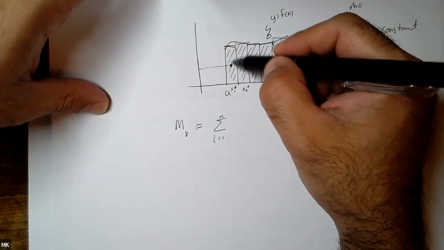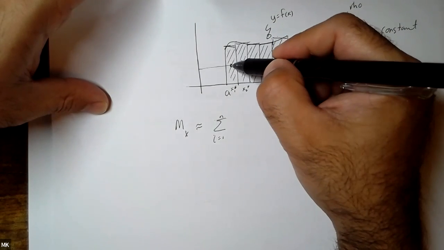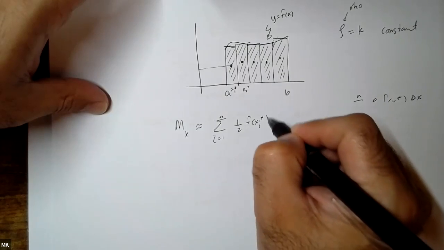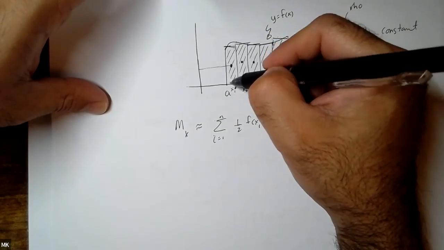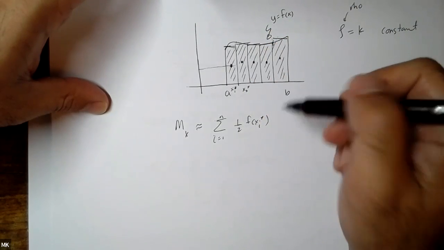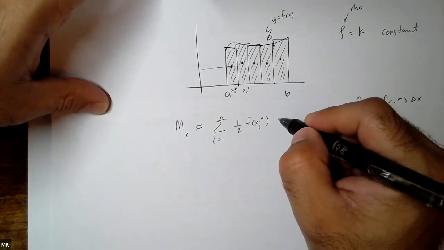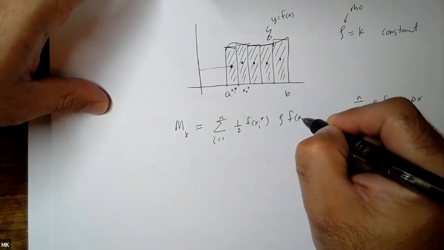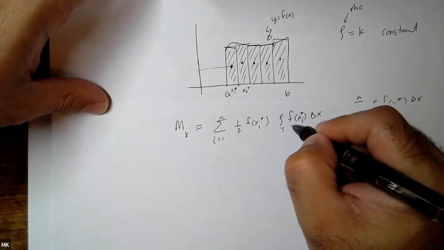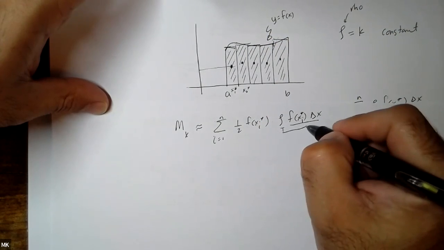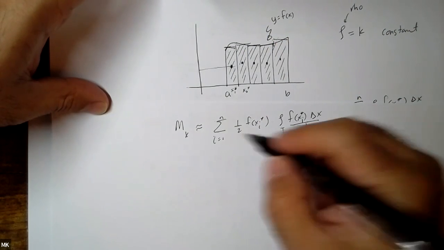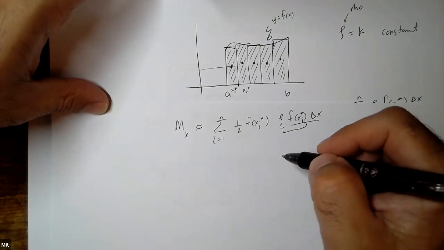For my distance, I use the representative points. So it's half of f of xi star. If this is f of xi star, half of it would be the distance from the x-axis. Then I multiply it by the mass, rho f of xi star delta x. So that's the density, that's the area. Area times density gives you mass, mass times the distance, and adding them all up.